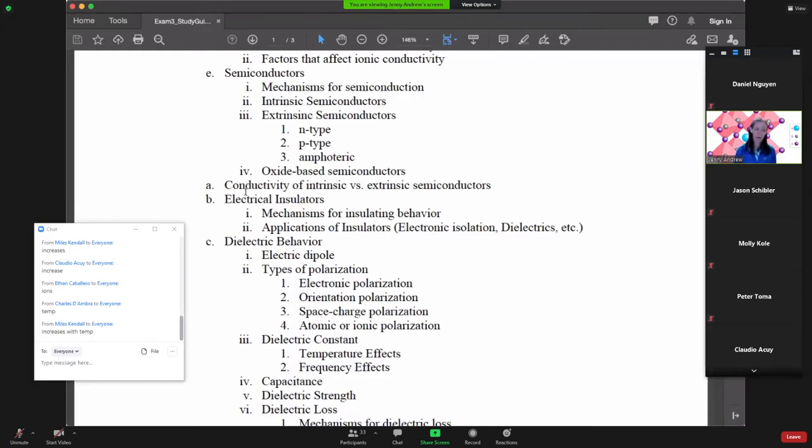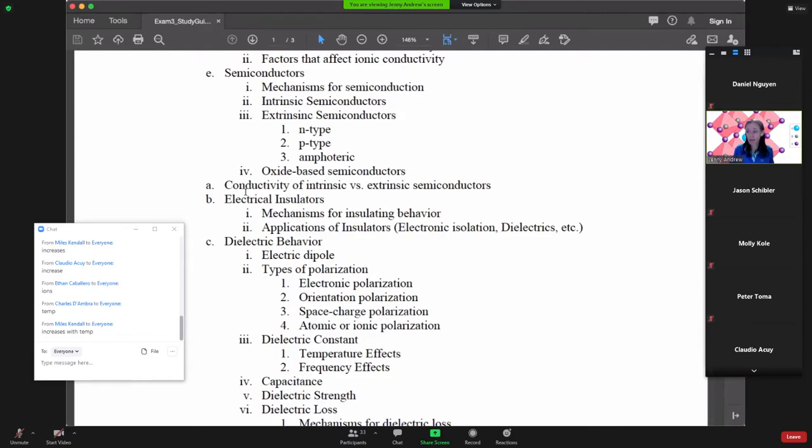Okay. We had some homework problems, and I don't remember if it was a breakout problem as well, but looking at different materials and identifying, is this an N type, a P type, or an amphoteric dopant? I would definitely be able to do those and then know how to determine the conductivity for both of those. In an intrinsic semiconductor, your conductivity is a function of both the electrons and the holes.